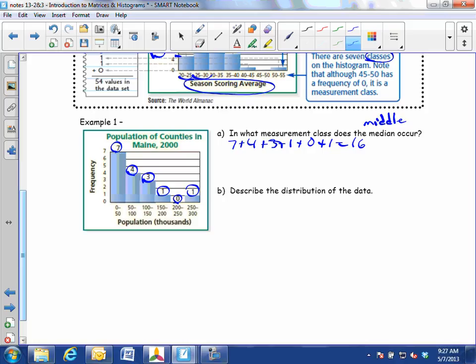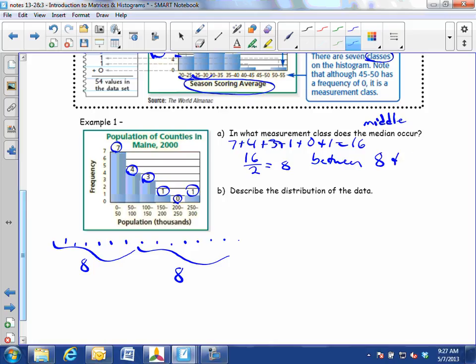Divide by 2 to get to the middle, which would be 8. That means if I lined up all the numbers in order, I'd have 8 over here and 8 over here. My middle's going to be in between there, so the middle's between 8 and 9, the values.